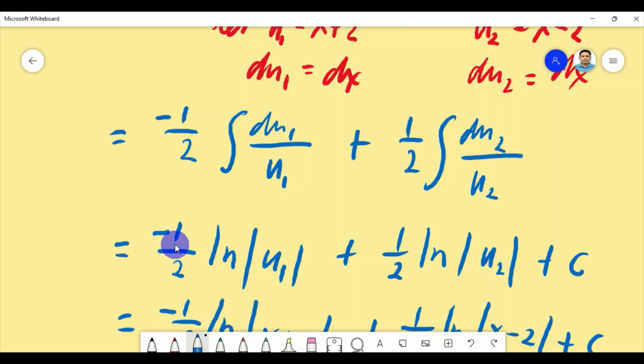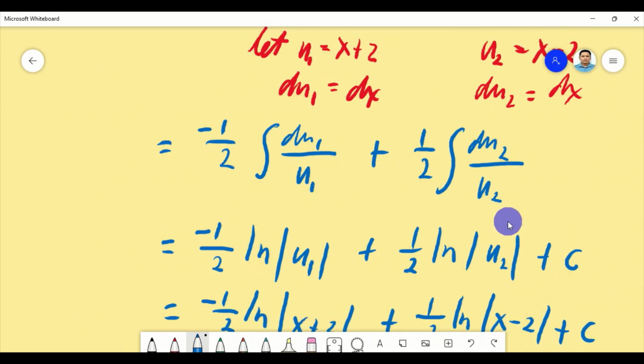So here, the integral is negative 1 half times ln of the absolute value of u sub 1 plus 1 half times ln of the absolute value of u sub 2, plus the arbitrary constant c.